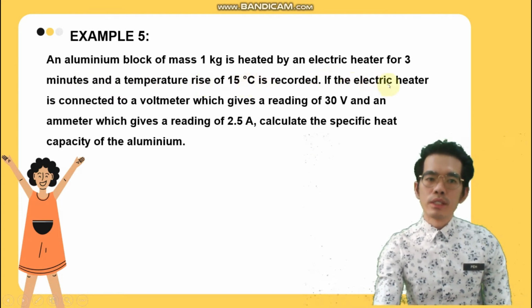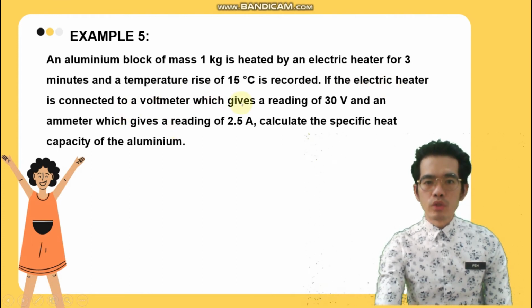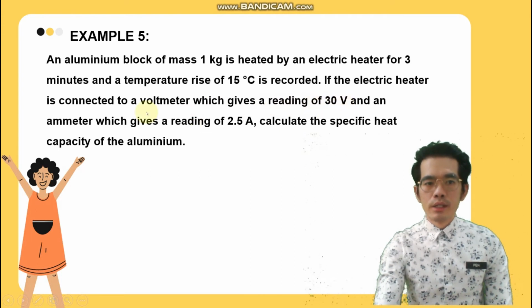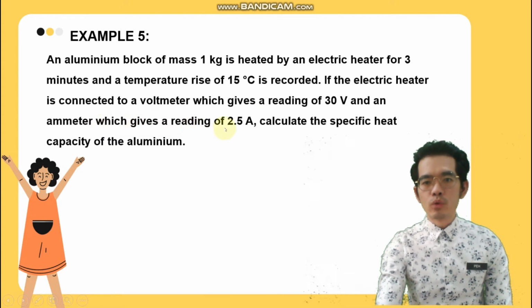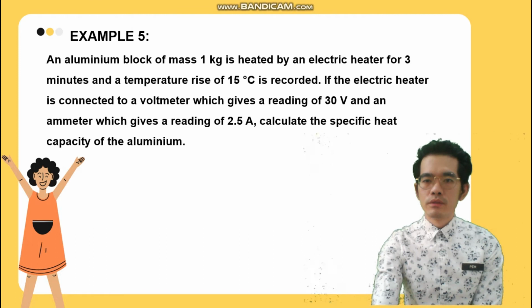The electric heater is connected to a voltmeter, which gives a reading of 30 volt, and an ammeter, which gives a reading of 2.5 ampere. Calculate the specific heat capacity of aluminium. So the question asks us to find the value of C.